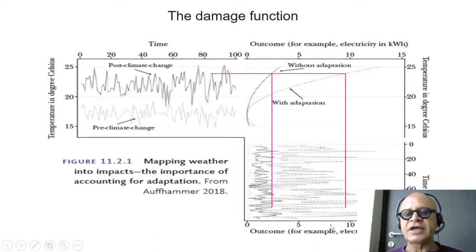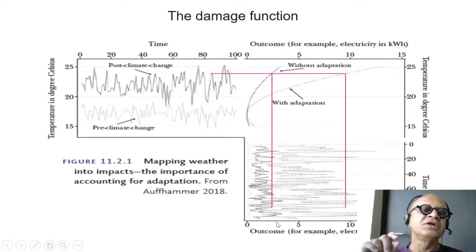So then you look at the outcome as electricity in kilowatt hours, which can be converted into a cost based on the price of the electricity you have to pay for. Right?